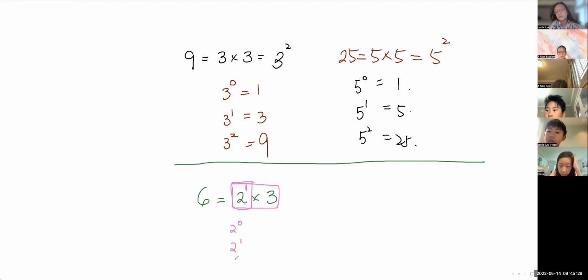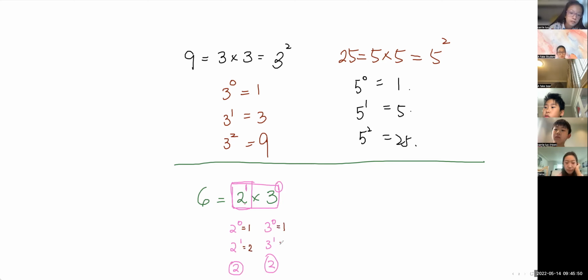So how many possibilities for 2? 2. So 3 is to the power 1. How many possibilities for 3 there? 3 to the 0 and 3 to the 1. So how many factors are there? We're not going to put them together because 2 to the power 0 is 1, 2 to the power 1 is 2. And this is 1, this is 3.